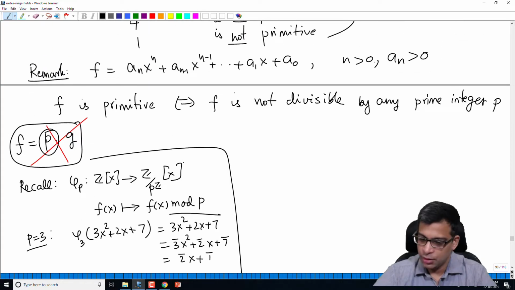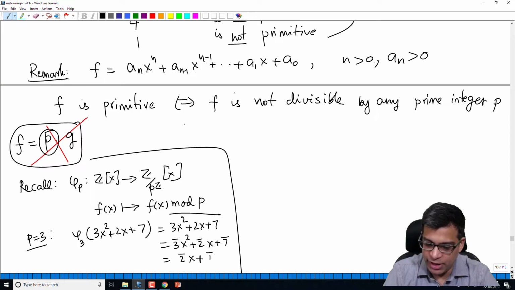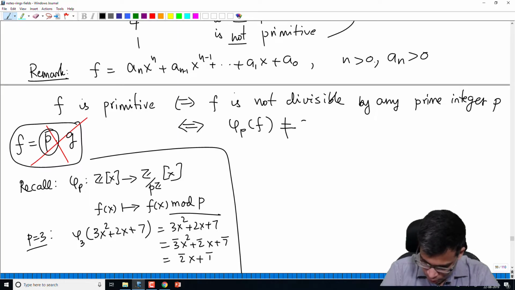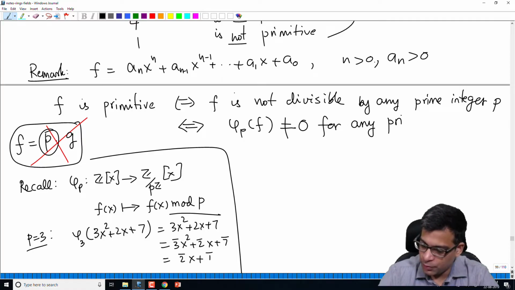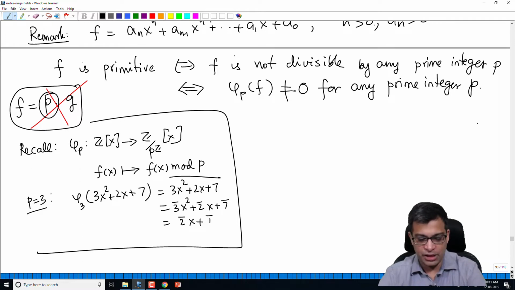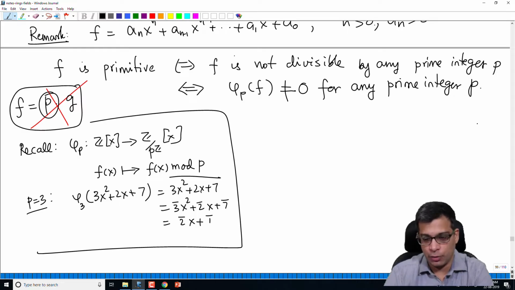So if f is not divisible by any prime integer p, that means phi p of f is not 0 for any prime integer p. Because if every coefficient of f is divisible by p, which is the same as saying f is divisible by p, then the image of f under phi p will be 0, because we are going modulo p for each coefficient.